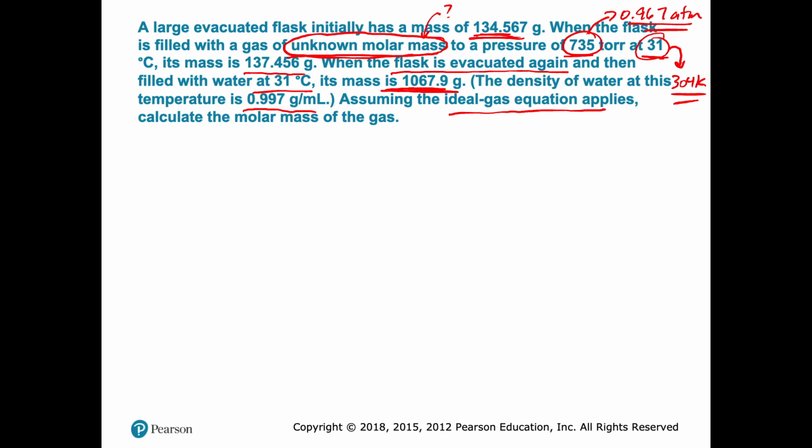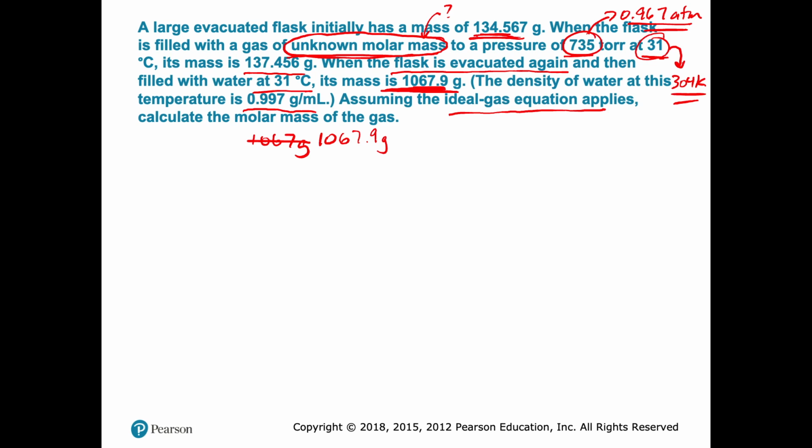If you subtract the mass of the empty flask from the mass of the flask with the water, all you're left with is the mass of the water. The flask with water is 1067.9 grams.